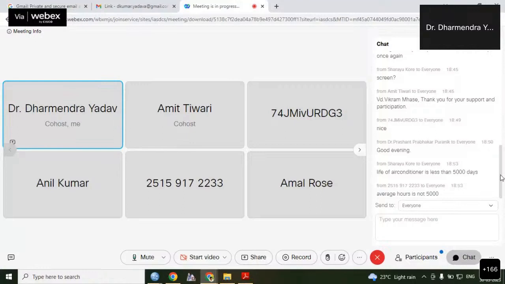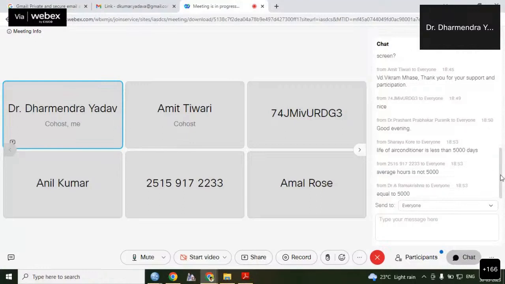It means both are same. Yes, Dr. Ramkrishna, you are right. It means the average life of air conditioner is 5,000. The alternate will be that it is not equal to 5,000. It may be greater or it may be lesser. Right?